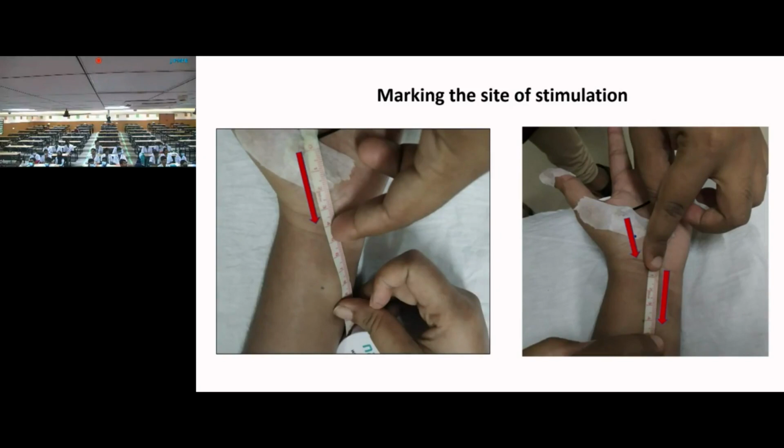Next, for the motor nerve, median nerve, the point of stimulation is 8 centimeter from your active electrode. There it was 14 centimeter. So in order to get an adequate response, here we are going to place it 8 centimeter from your muscle belly. Okay, we'll measure that 8 centimeter and then we'll mark it with a sketch pen here.